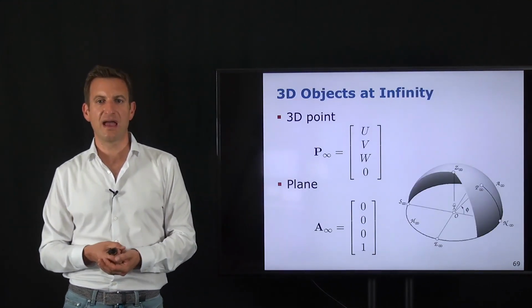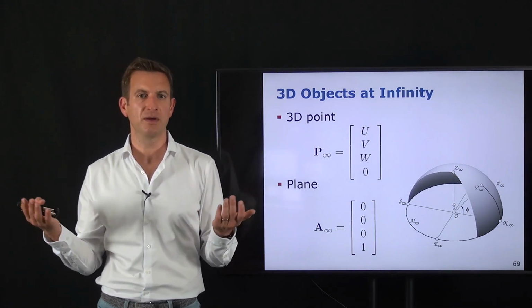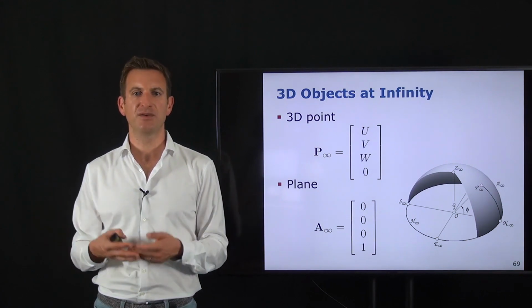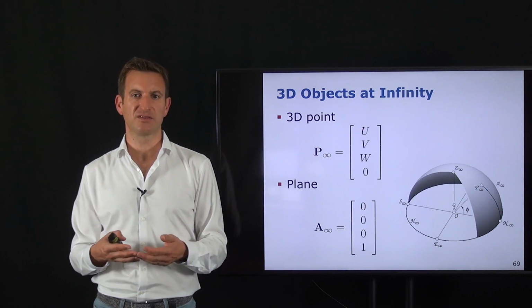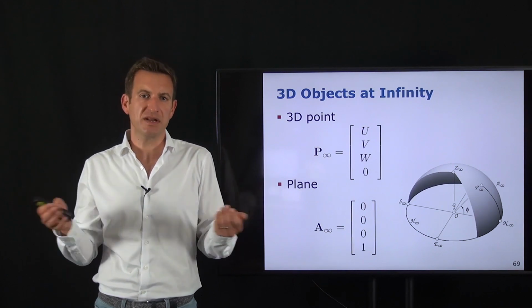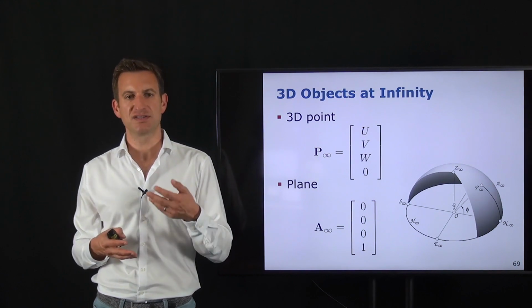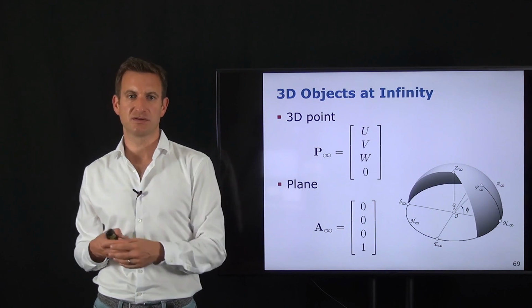And then I can also have, in a very similar way, points which are infinitely far away in 3D, which are points where the first three parameters take arbitrary values and the last parameter is 0. And again, these are points at infinity, but now in 3D, not in 2D. Again, the first three dimensions are finite, and they determine the direction of that point.